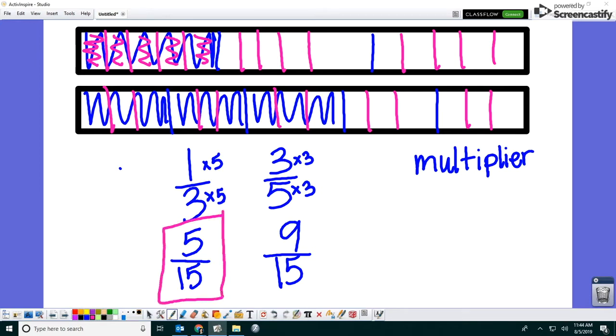That's my 5/15ths. And I would have 1, 2, 3, 4, 5, 6, 7, 8, and 9. That's my 9/15ths. So now I can go back to strategy number 1, which is if the fractions have a common denominator, I just look at the numerators and I can easily tell 5/15ths is smaller than 9/15ths.